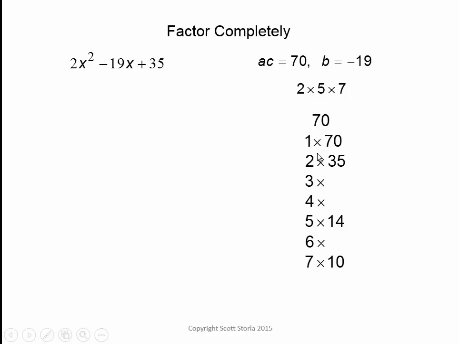I'm now looking for a pair that might add to a negative 19, and here it is, as long as they're both negative. I then check just to make sure that both criteria have been met. Negative 5 and negative 14 will give me a positive 70. Negative 5 plus negative 14 will give me a negative 19.